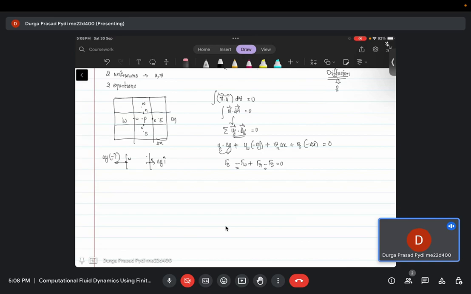So the continuity equation gives us this particular discrete equation. Next step is the momentum equation.